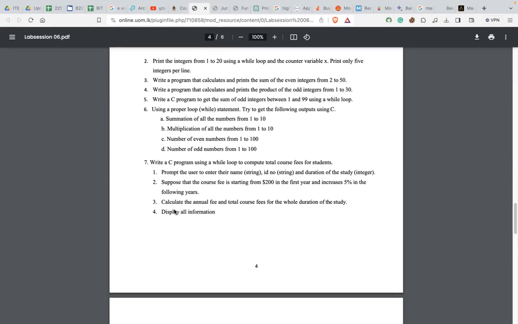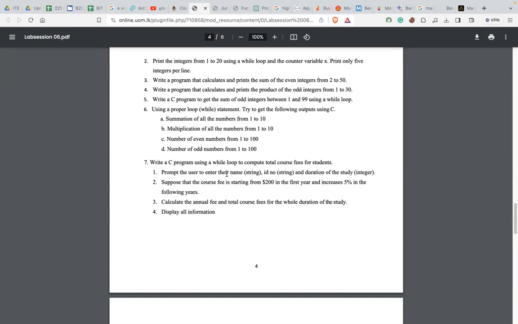You need to display all the information: the student name, the registration number, ID number, as well as the first year course fee, second year course fee, third year course fee, likewise up to 5 years if the input is 5, and ultimately the total course fee.